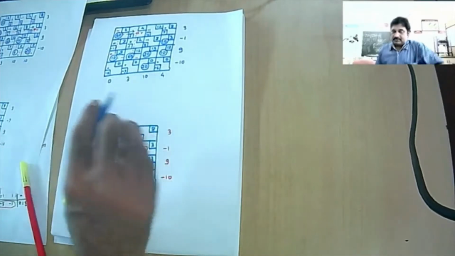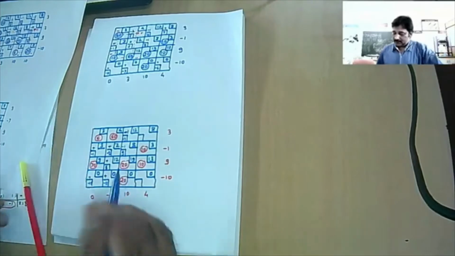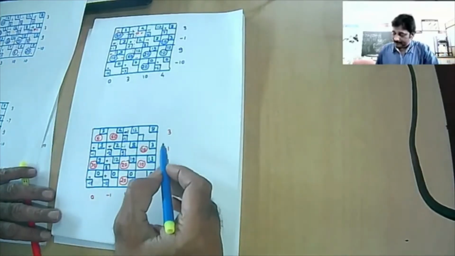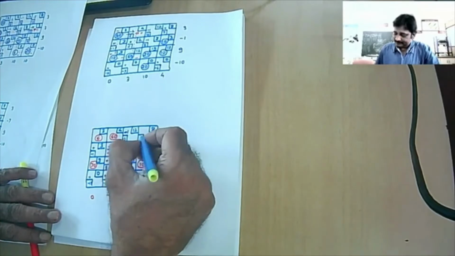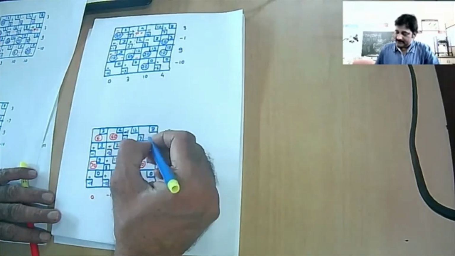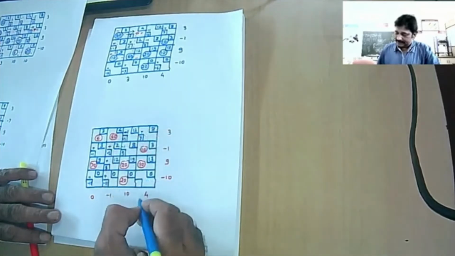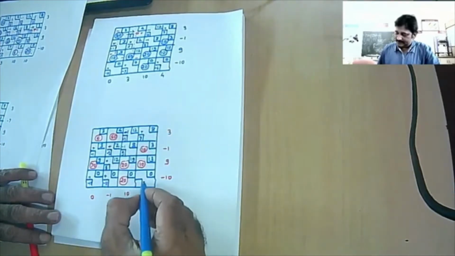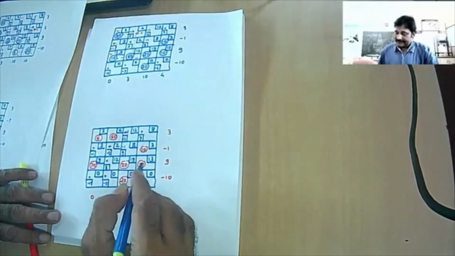Minus 1, right? All right. And then here, what is that? 7. Here it is 7. So what is happening? 8 minus 7, positive. Then lastly here it is minus 6. So 0 minus 6 is a positive quantity again.